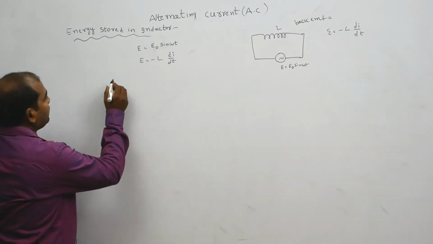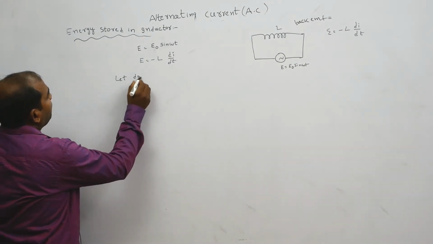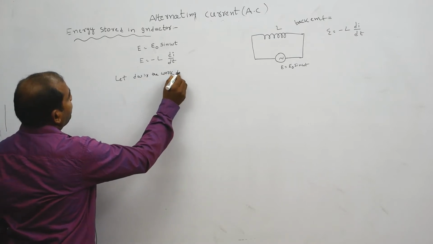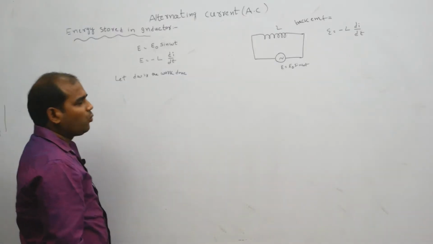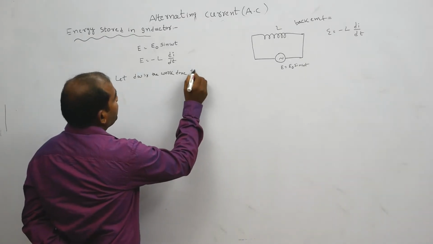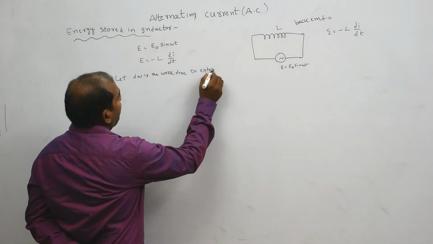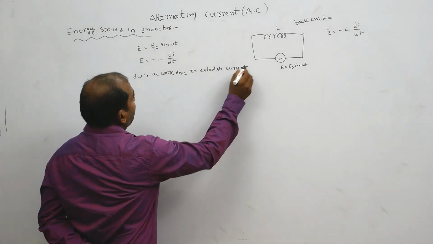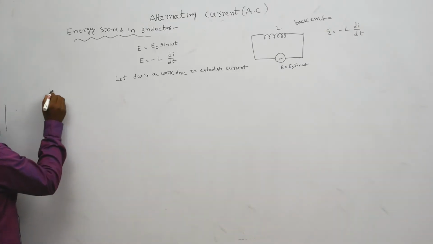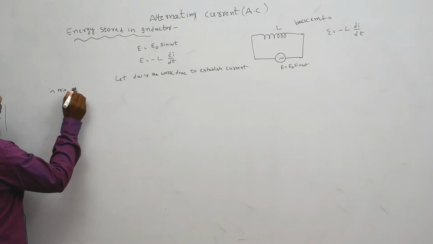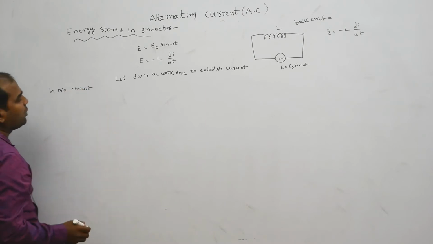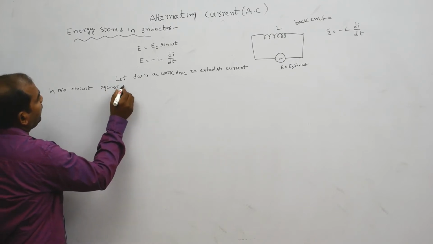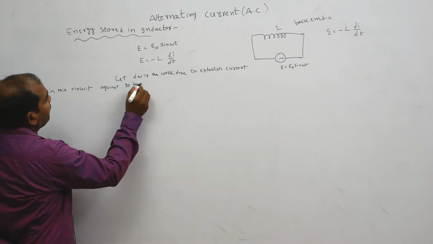Let dW be the work done to establish current in the circuit against the back EMF.